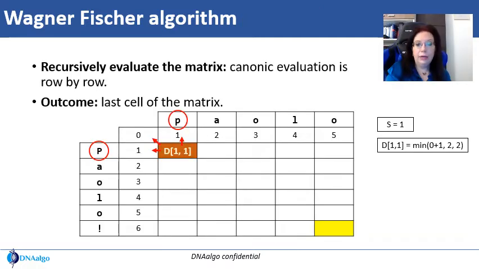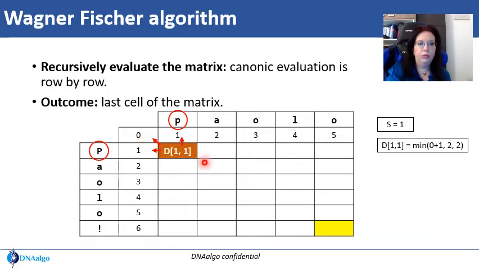Taking again our example, we want to compute the edit distance between Paolo with a capital P and Paolo with an exclamation mark at the end. We want to fill up the first cell. The first cell will be the minimum of the value on the diagonal, on the left-hand side, and on the upper part. On the diagonal, we have a 0, but we need to add the penalty.